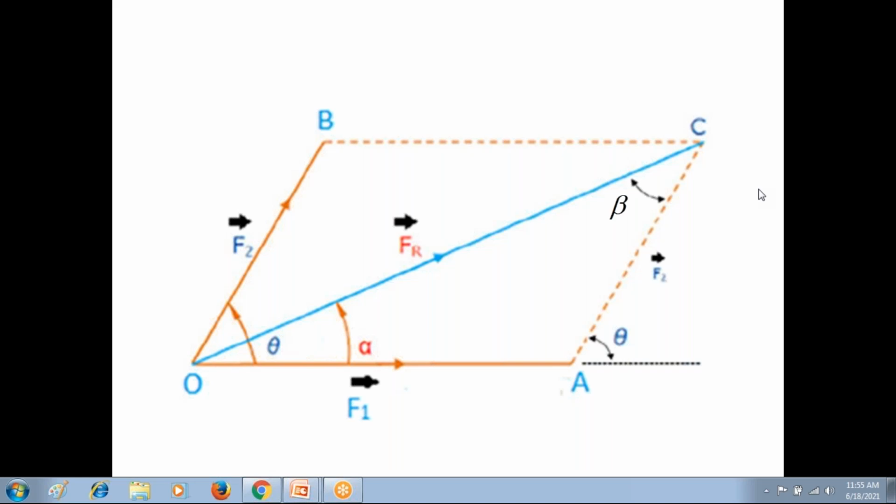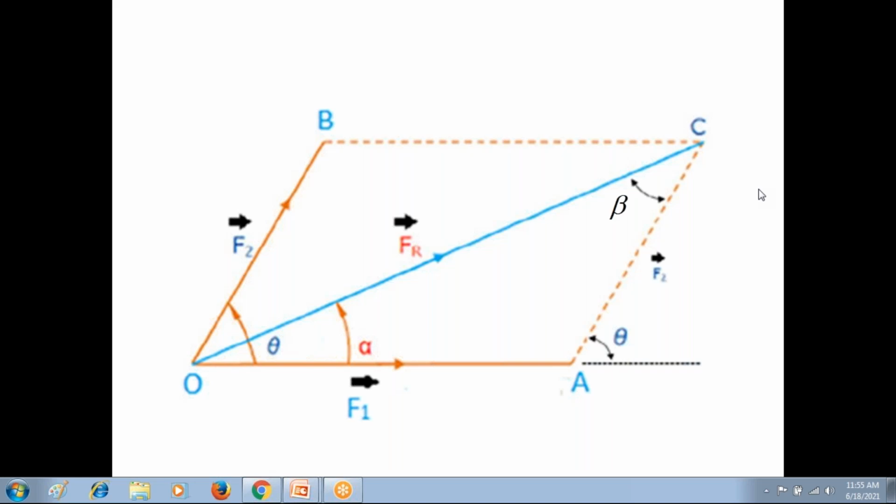To find the resultant force of F1 bar, F2 bar, we are using this graphical parallelogram law of forces. Parallelogram law is a graphical method. Then by analyzing the triangles and the remaining concepts in the parallelogram law, we got the equations for Fr, tan alpha and the remaining things.